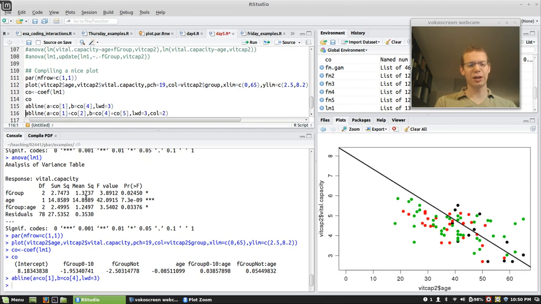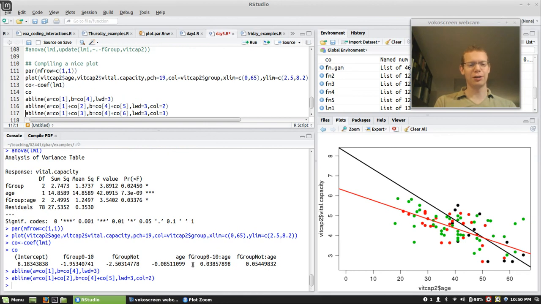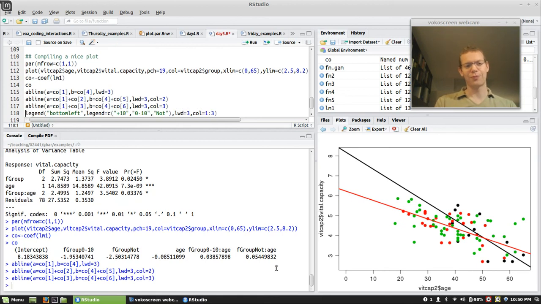Now the second line, you need to take the sum of these two to get the intercept for this group, and you take the sum of these two to get the slope for the group of those who work less. And finally, it's a sum of the first and the third one to get the intercept, and the fourth and the sixth one to get the slope. So that is what we predict.